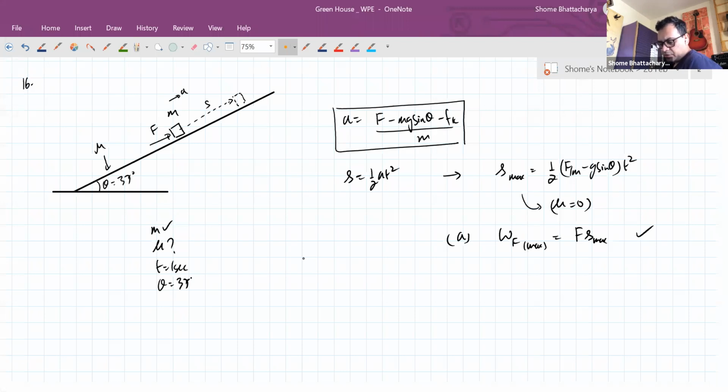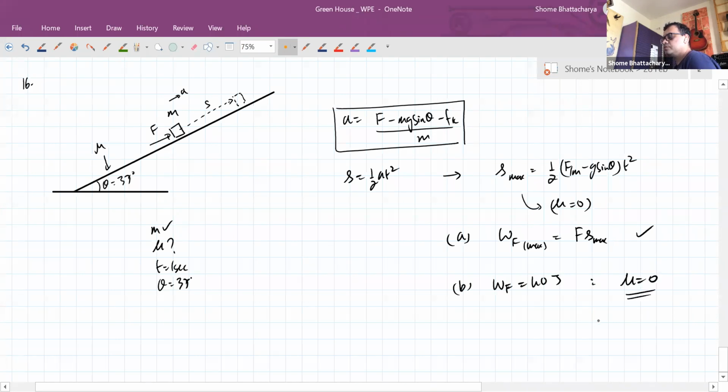Then the second part, find the work done by the force of gravity in 1 second, if the work done by the applied force is 40 joules. So in the second part, work done by F is given to you as 40 joules. So that means you assume mu is 0. So you know the displacement, because your acceleration will be F by m minus g sine theta.